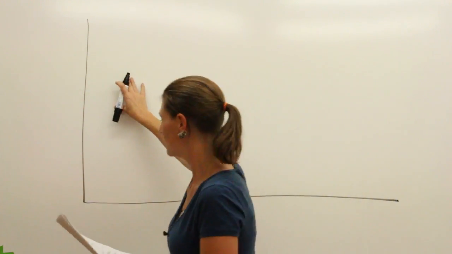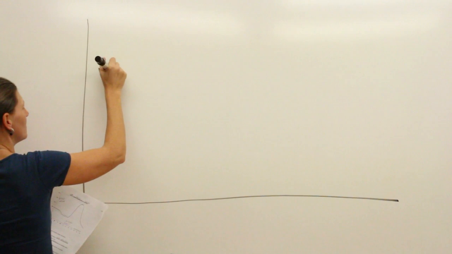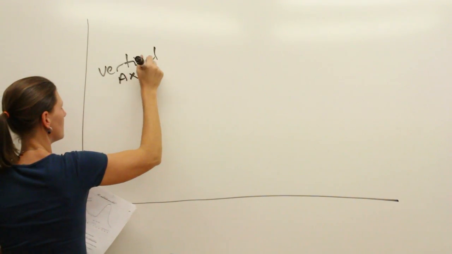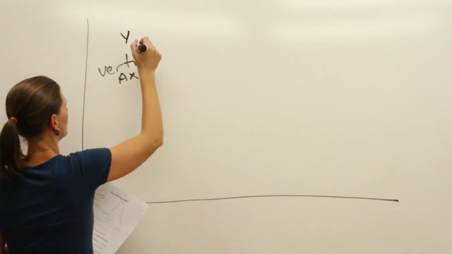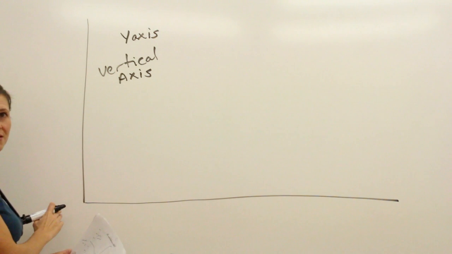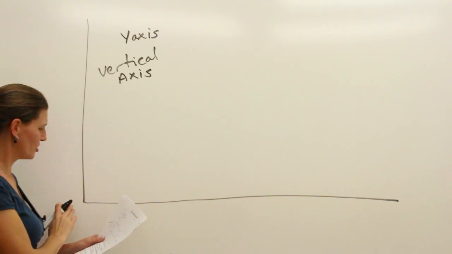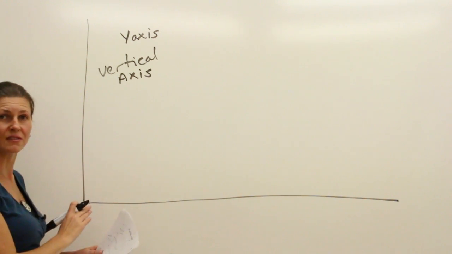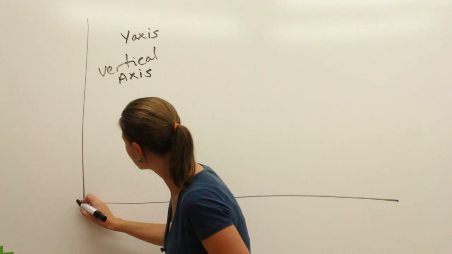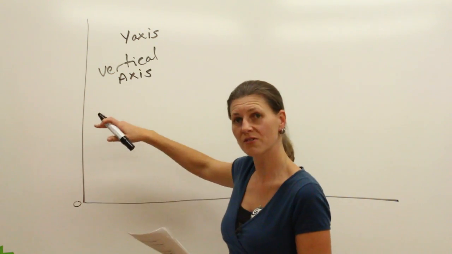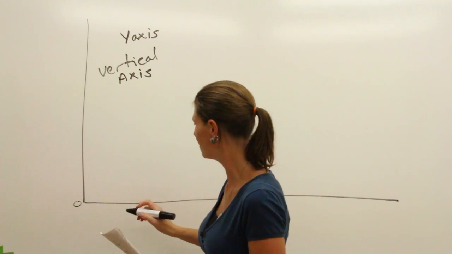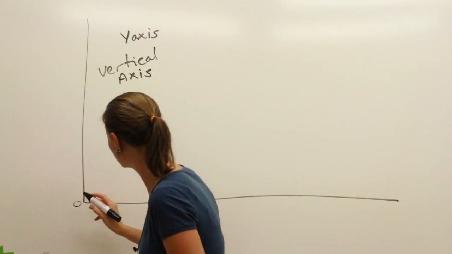So your Y axis, also known as your vertical axes, is going to represent percentage at intervals of 5%. So let's start at 0 and do intervals of 5% all the way up to 25.